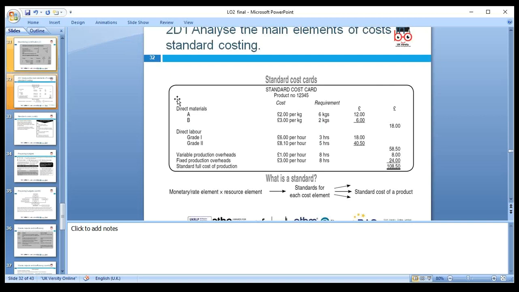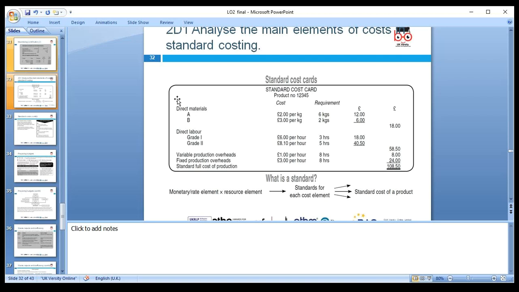Okay, then we have 2.1D, analyze the main elements of the costing standard. Standard cost and standard cost card. So we have material A, B. We set the standard: how much is required, what per kg rate, what will be the total material cost per 1 unit, what will be the total labor cost per unit.